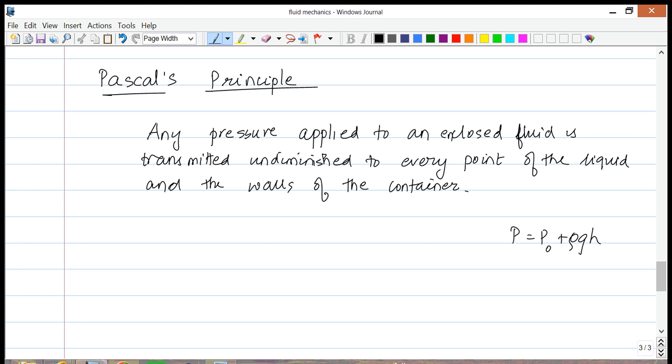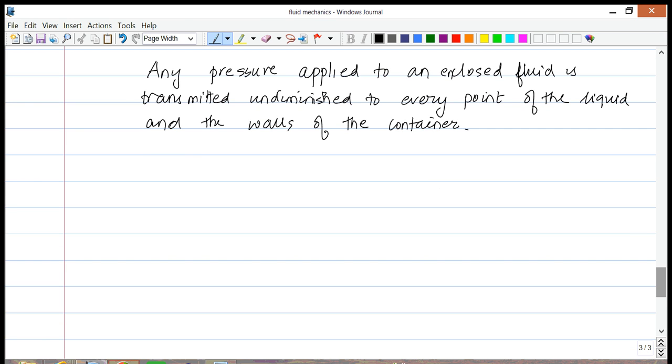So if, in addition to the atmospheric pressure, you apply another pressure on the surface of the liquid, that pressure has to be transmitted throughout the liquid, and that's basically what Pascal's principle says. Okay, so let us look at how to use this.